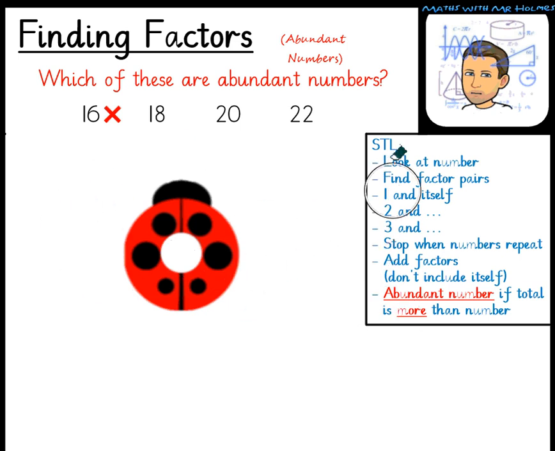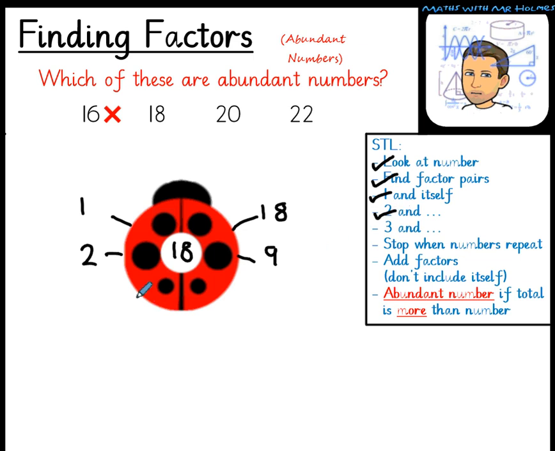Let's have a look at number 18. We'll look at the number and write it down. And we'll go ahead and find the factor pairs, starting with 1 and itself. 1 and 18. On to 2 and, well, it's even, so we know it's in the 2s. 2 times 9.